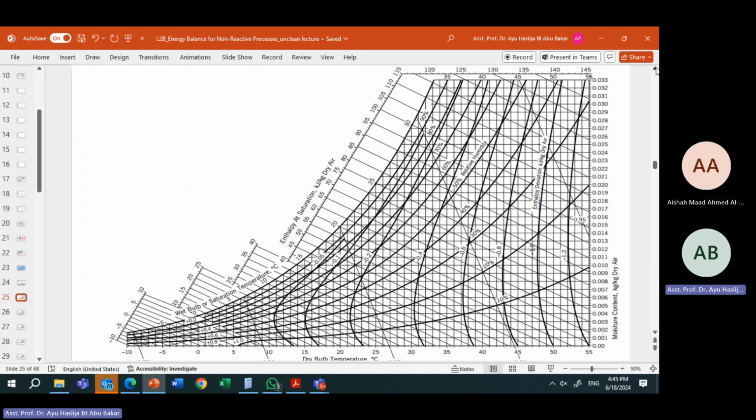Okay, so later on, let's say you are given a condition at, for example, 40 degrees C dry bulb with 10% relative humidity. So here is 40 dry bulb, and 10% relative humidity over here. So here is the point. From here, you can get your moisture in kg per kg dry air.